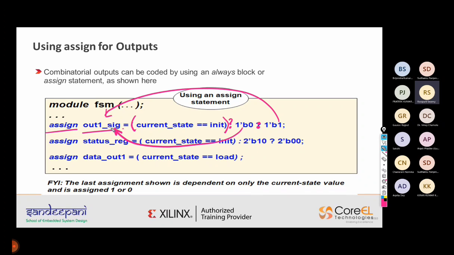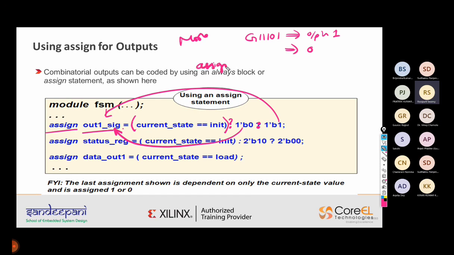If you recollect the example we discussed, there also for Moore, in case of Moore, we have output as 1 only in case of the 1101 state. In all other cases, output is 0. So how do I write the code?